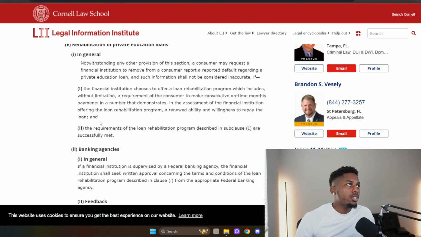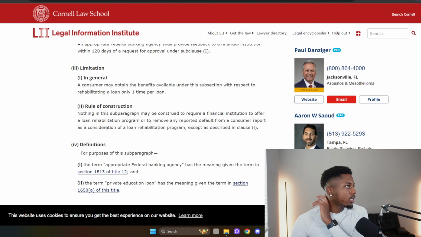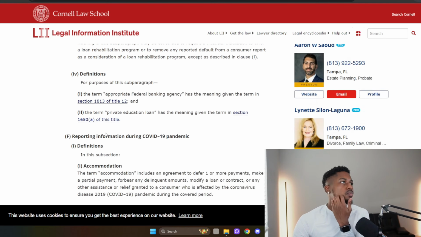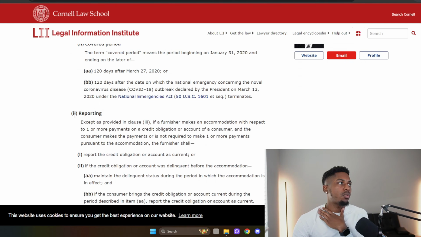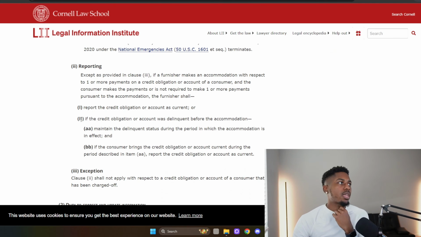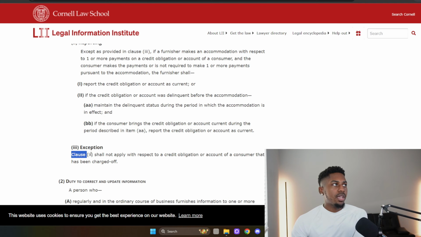Another thing I want to just go ahead and highlight too is when you scroll down a little bit down this subsection, one of the things that it was talking about was the reporting. Okay. It talks about what should be reported. But I want to just go straight down to this exception right here. It says clause 2 shall not apply with respect to a credit obligation or account of a consumer that has been charged off.